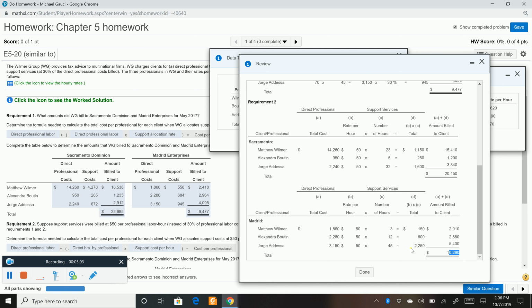So this is just a little exercise in showing you that based on changes to how we allocate different costs, we'll change the amount of the costs that are allocated to that particular job, and ultimately will affect the amount of revenue that we should bring in for every single job.